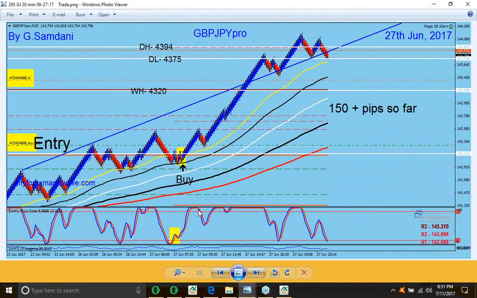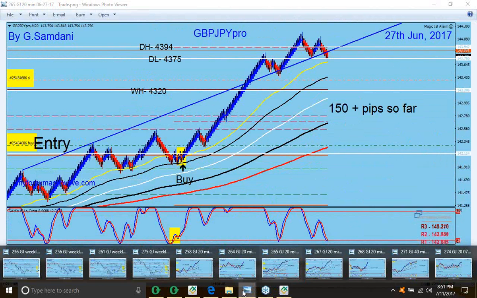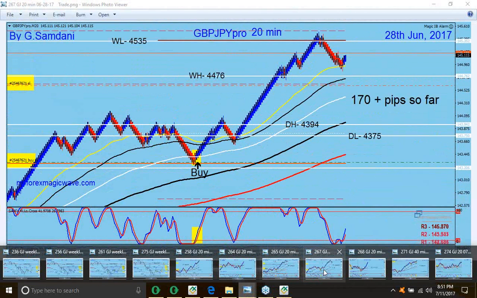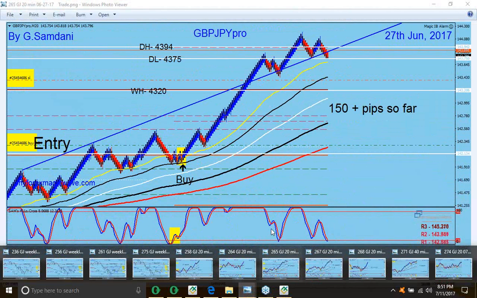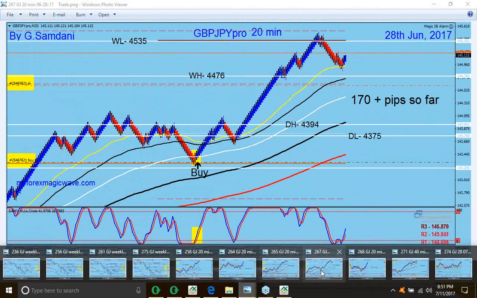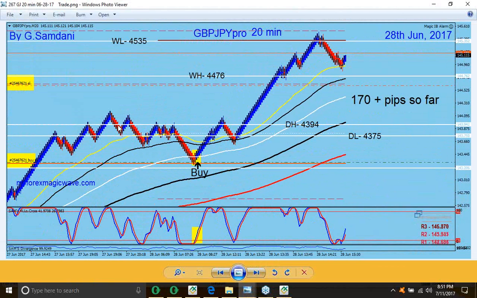You can see the entries, the SL move, and these are real trades, right? This is the 27th. Then this is the 28th. Look at that. This was the 27th move, and then a little bit of retracement, and then the 28th gone again.